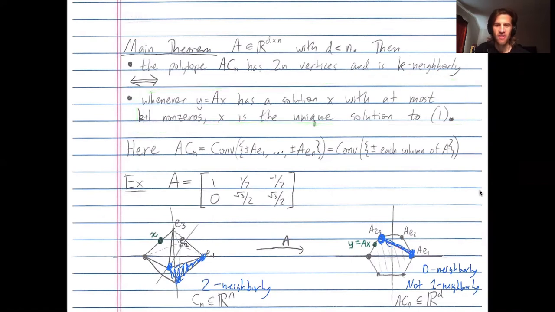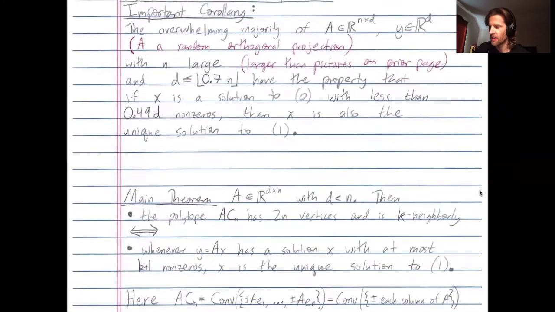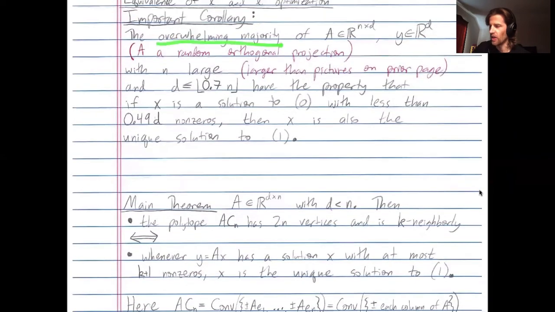Okay, so if you have a solution to the L0 norm problem and it has few enough nonzeros, then it's also found by solving the L1 norm problem. Okay. So those are the nice matrices. Those are the overwhelming majority of matrices that allow us to solve sparsity problems using the L1 norm approximation.